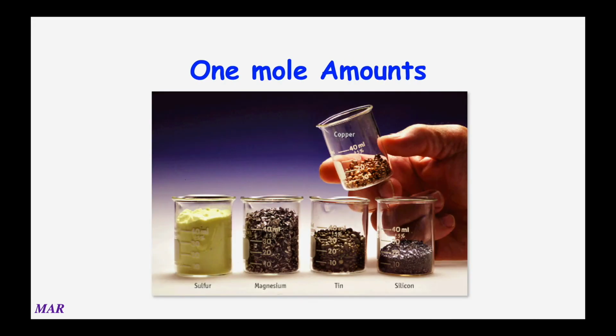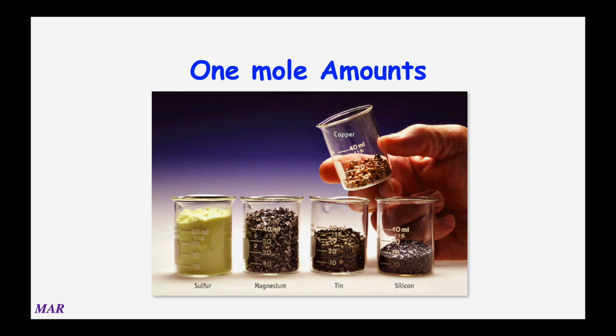These are all 1 mole amounts, all right? Sulfur, magnesium, tin, and silicon. So the copper that the person is holding, if you look on the periodic table, is about 63.546. So that person is holding 63.546 grams of copper. The sulfur on the far left is about 32.07 on my cheesy periodic table.